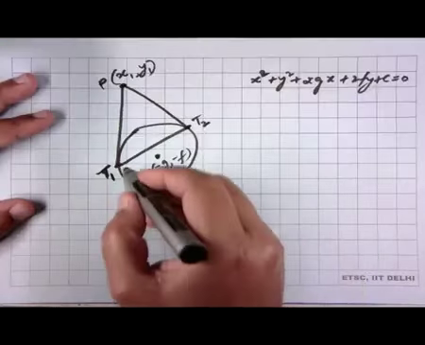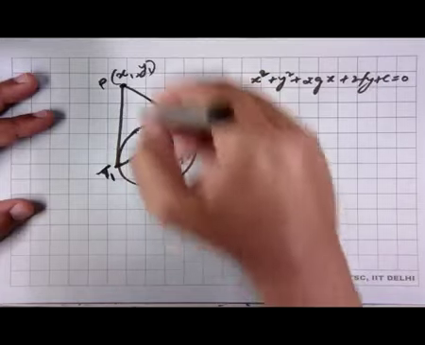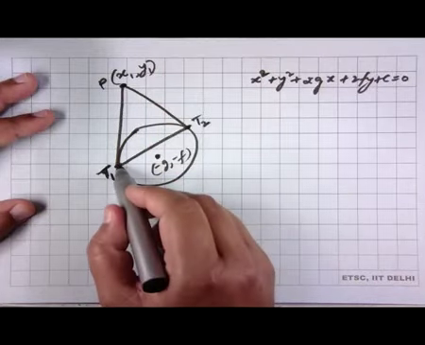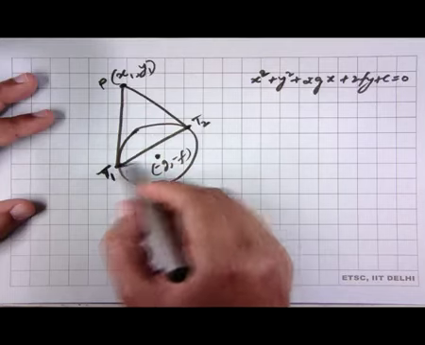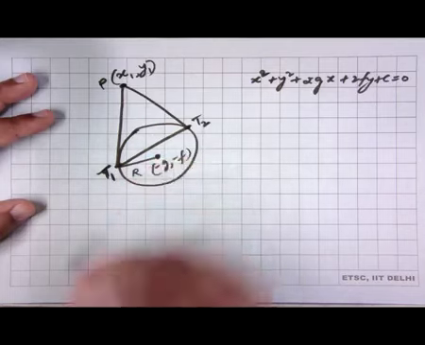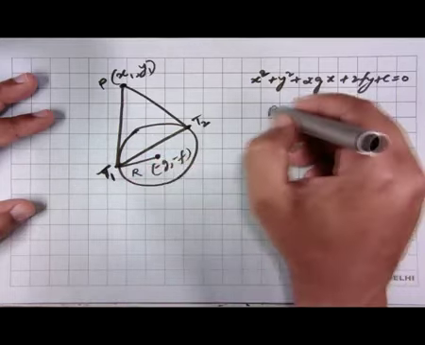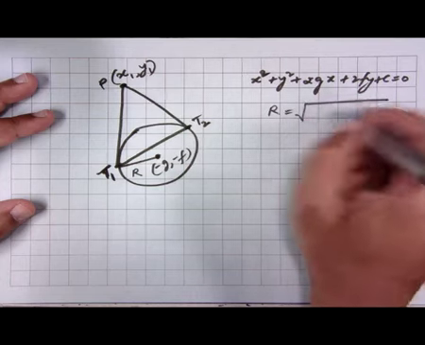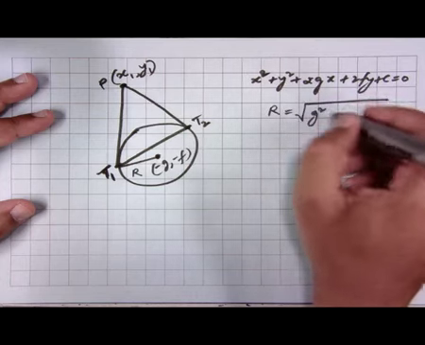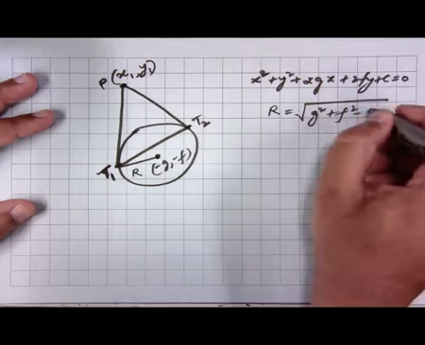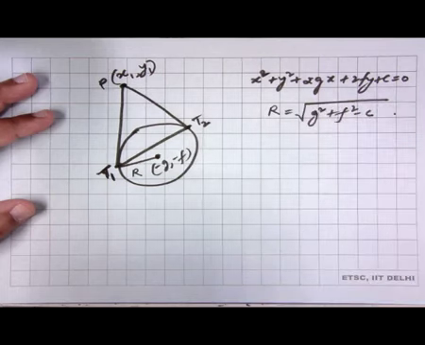So, of course, we know the radius of this circle, r, which is given by square root of g square plus f square minus c.